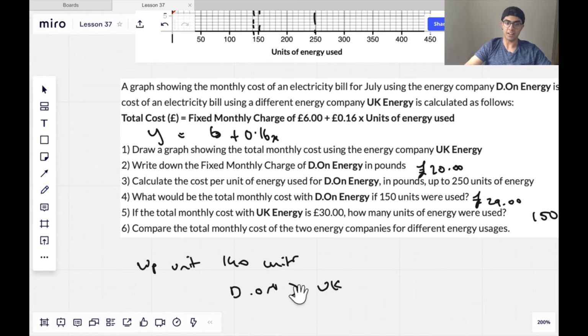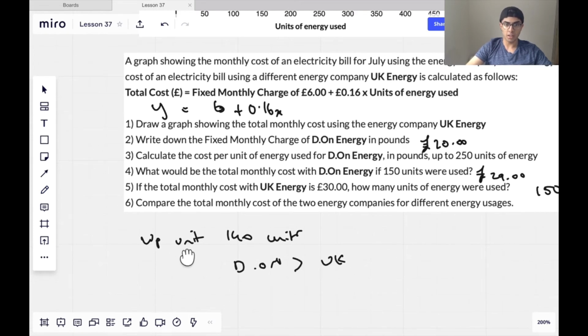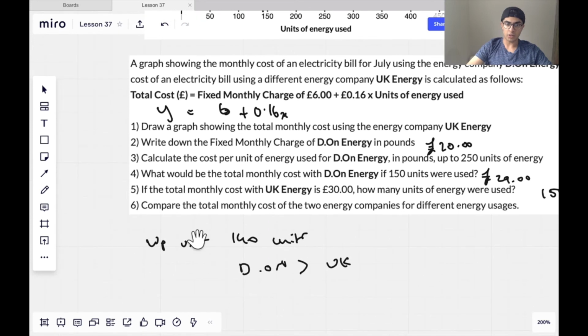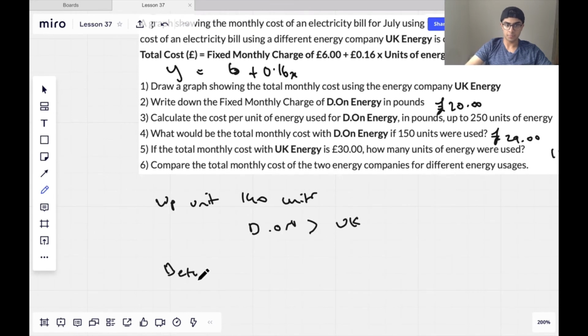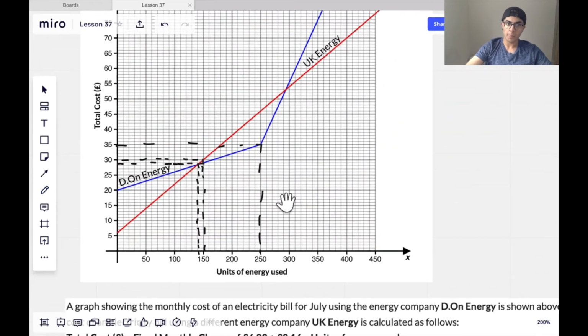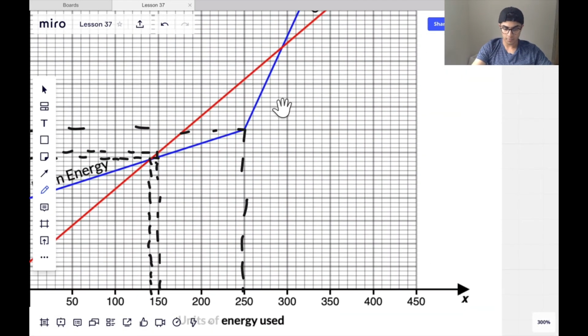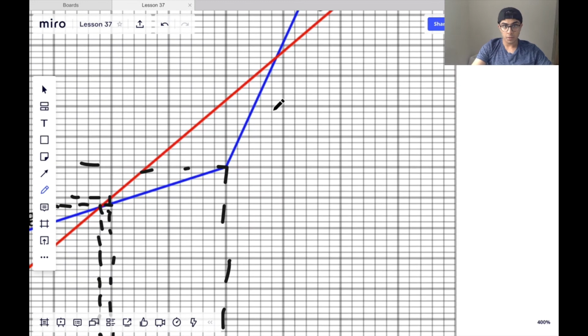Obviously, again, as I said before, in proper words. And then you can say between 140 and, what point is that? Sorry.